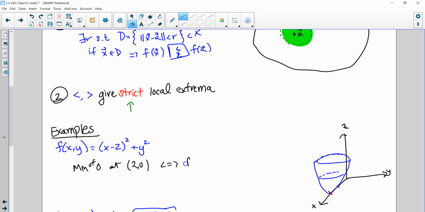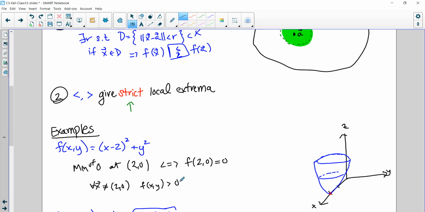Okay, and so that's another way of, we can also represent this in a different way. We can say that f of (2, 0) is equal to 0, right? We know that. Okay, and then we also can say, well, we know it's going to be a minimum because for all (x, y) not equal to (2, 0), f of (x, y) is greater than 0.